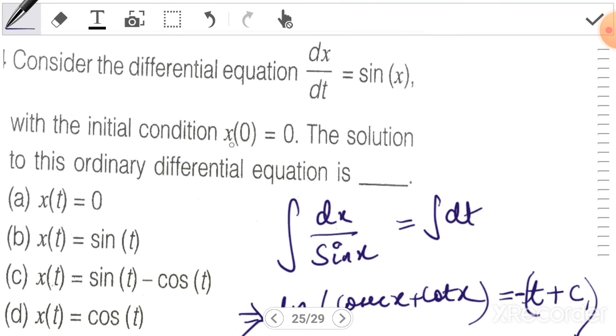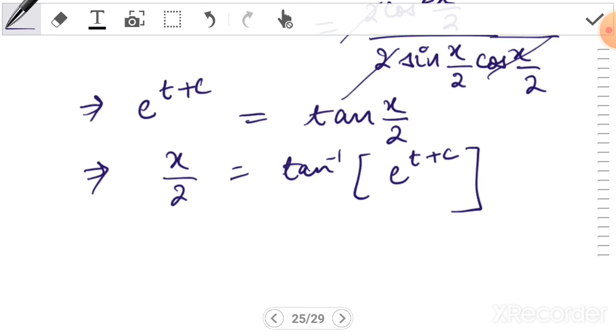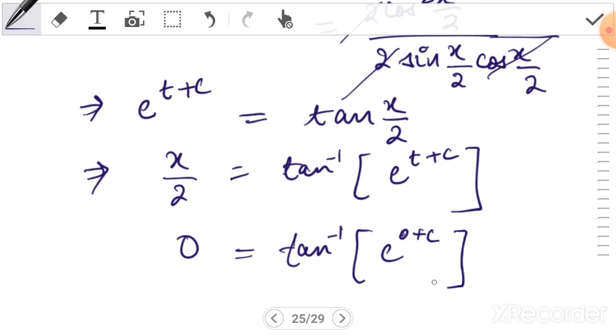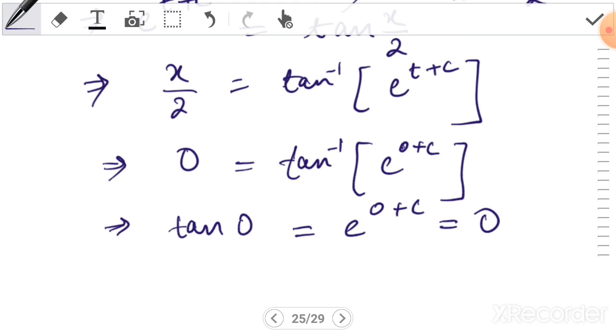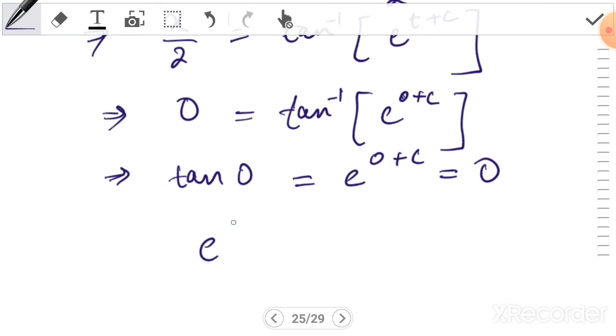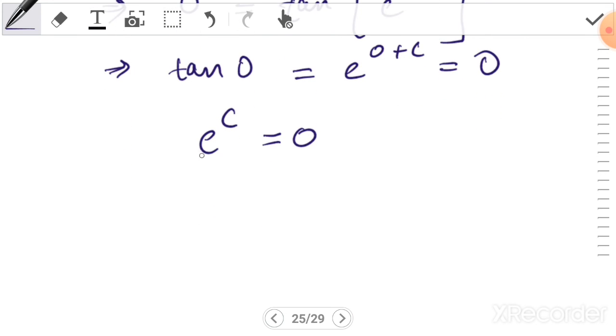Now we are given an initial condition at t is equal to 0, x is 0. So at t is equal to 0, this x is 0, so 0 is equal to tan inverse e power 0 plus c. That means tan 0 is equal to e power 0 plus c, that is 0, and for e power c to be 0, c should be minus infinity.